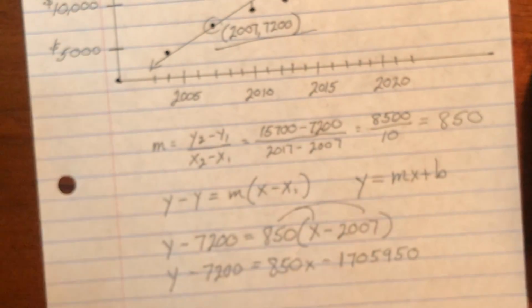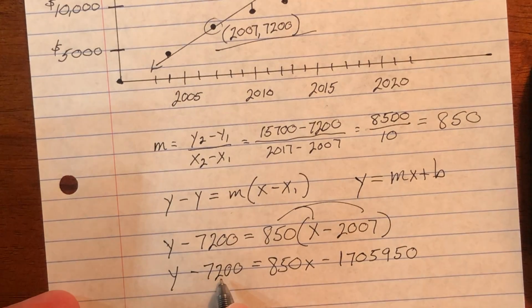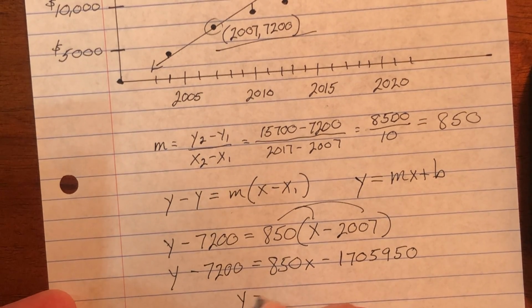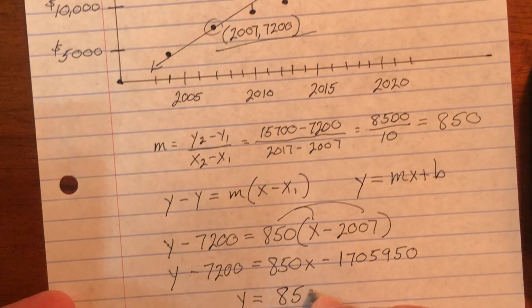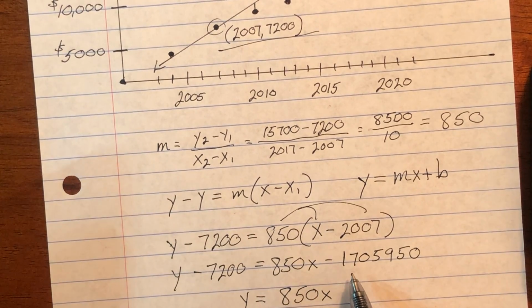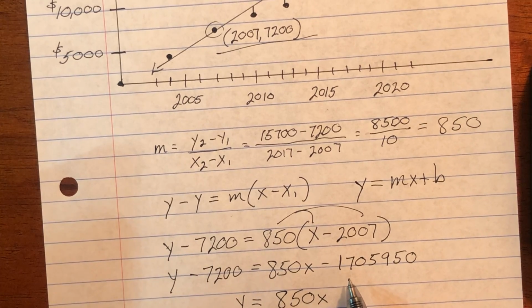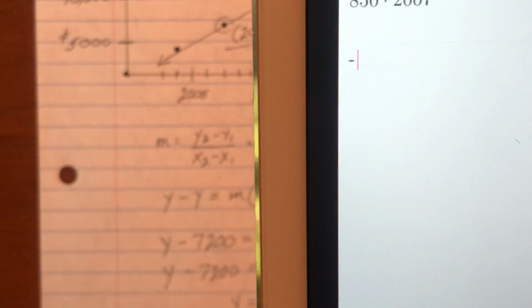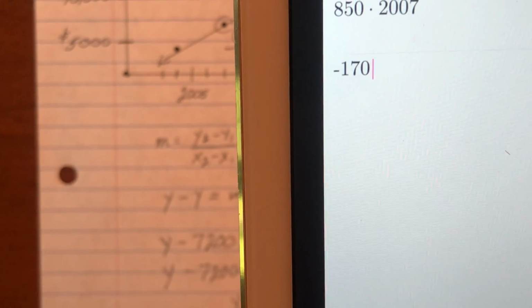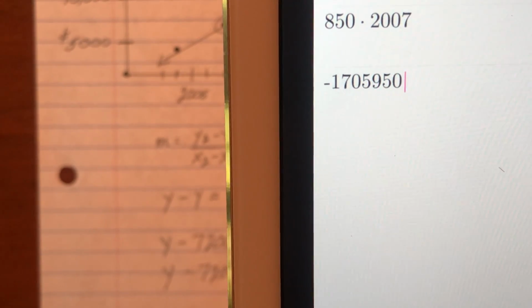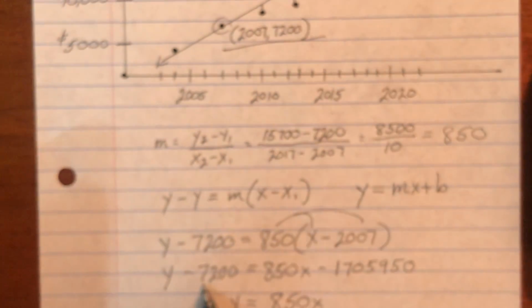We want to get y all by itself, so that means we have to add 7,200 to this big number over here. So y is going to equal 850x, and if I take that number right there, negative 1,705,950, and add to it, I have to add 7,200, don't I?